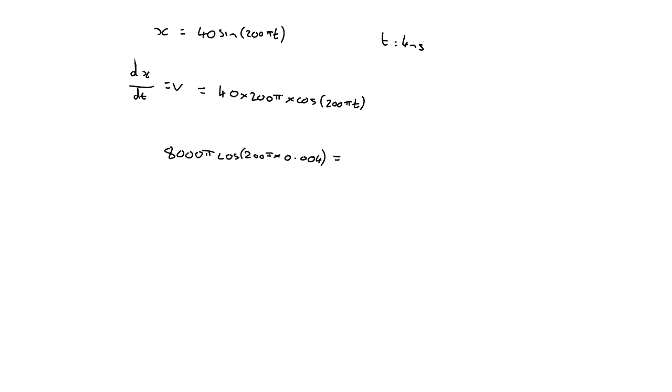8,000 pi cos. And we get a velocity of minus 20,332.8 millimeters per second, which seems like an enormously fast speed.